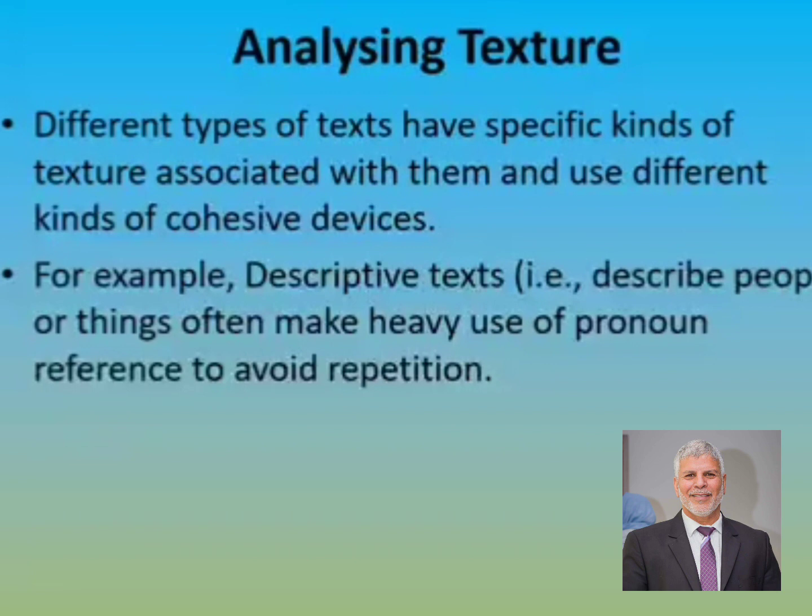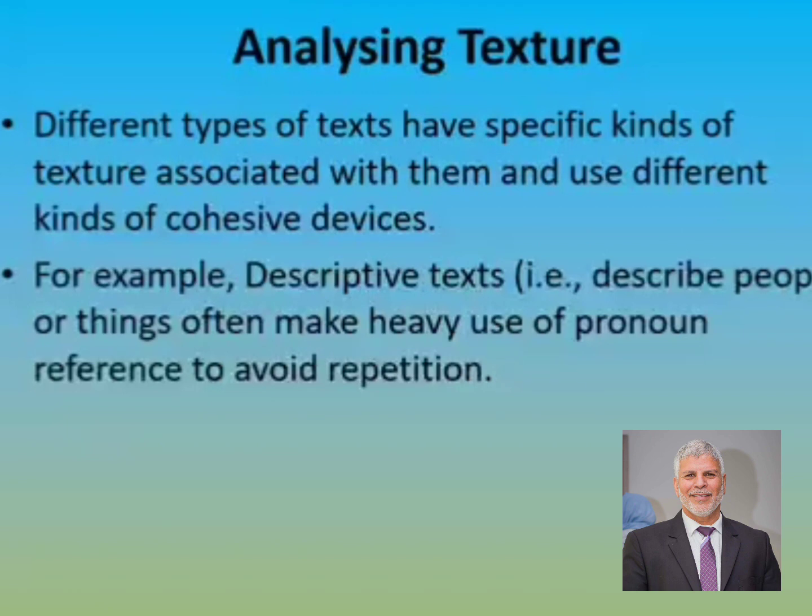And in this text, it's often the case that the text makes heavy use of pronoun reference to avoid repetition. So when you are dealing with a descriptive text, you will find that lots of pronoun references are used. Why? In order for the text writer to avoid repetition.